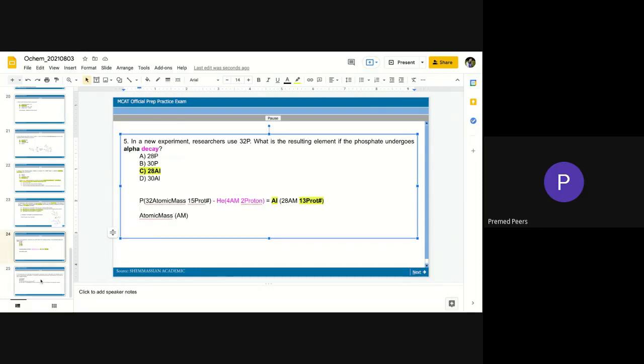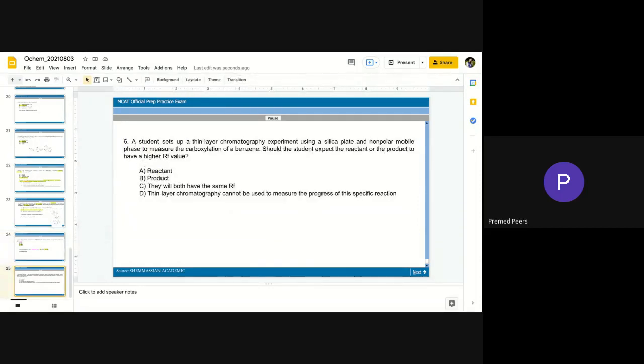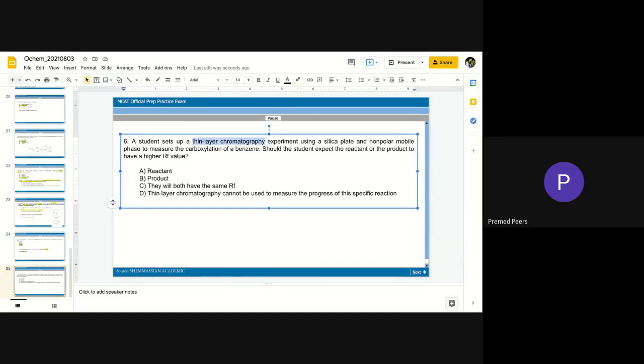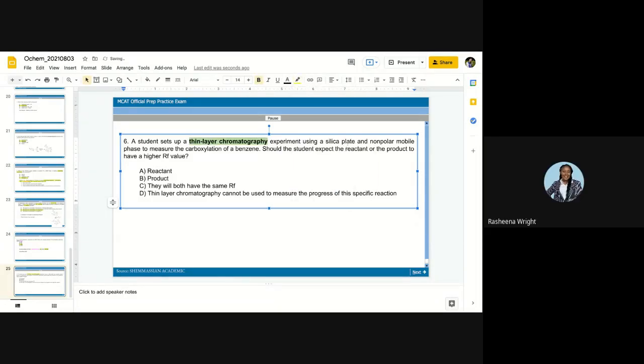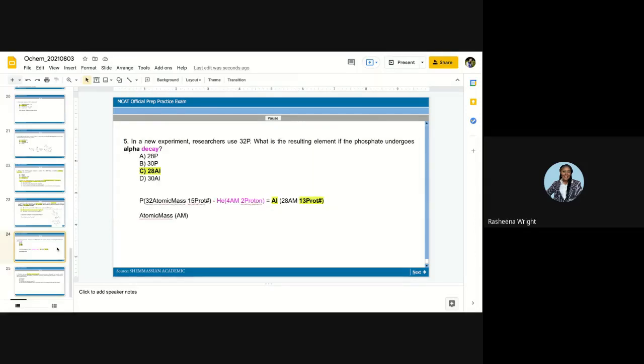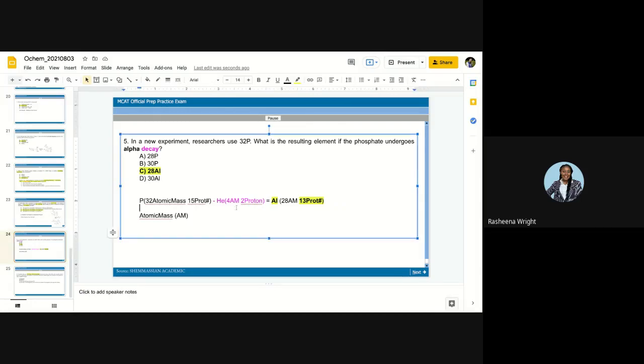That's fine. And then the last question, a student set up a TLC. So this is also something that we talked about in previous sections. Wait, I just have a question. I'm so sorry about the last question, because I think I need to brush up on the alpha decay stuff. Did you say A minus 4 and Z minus 2?